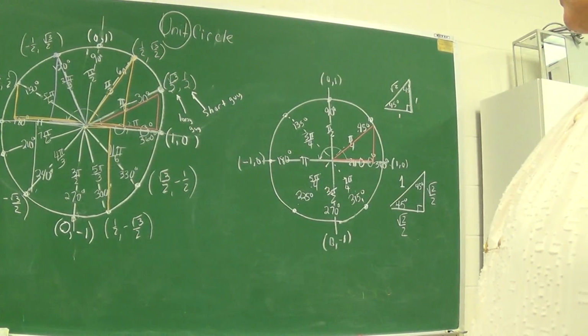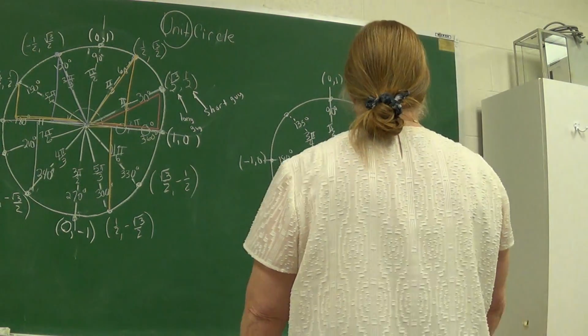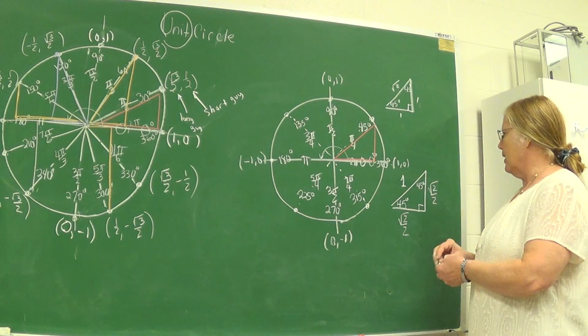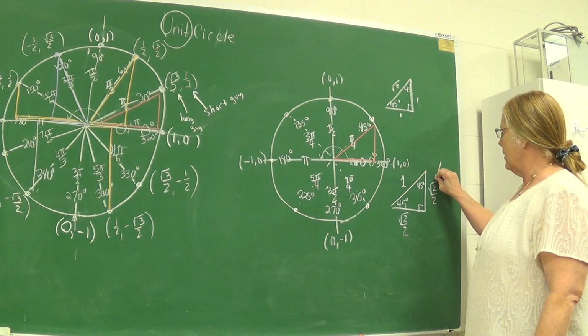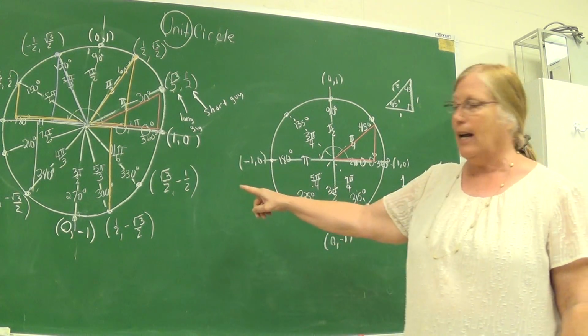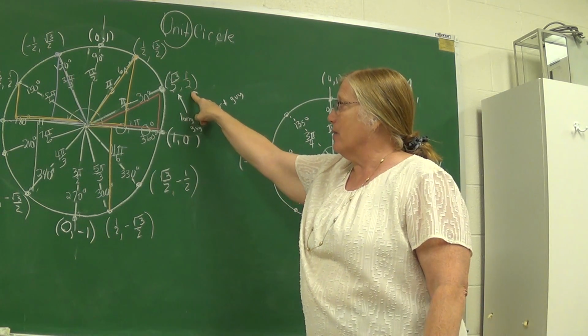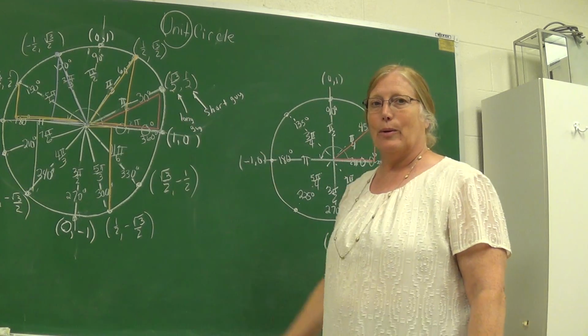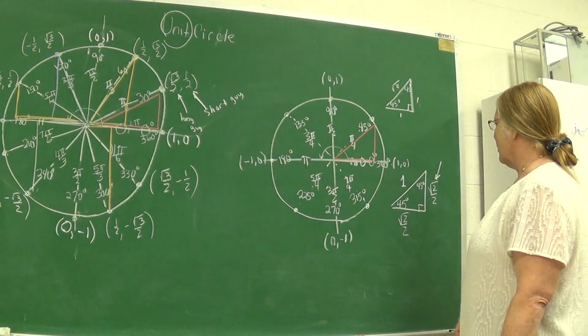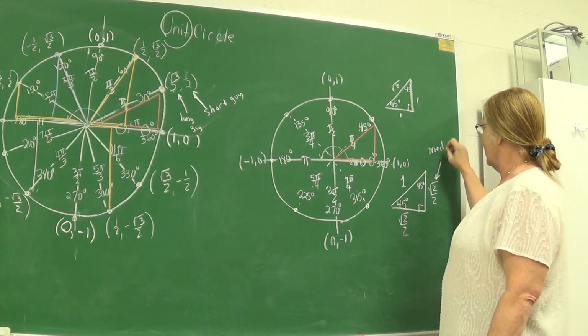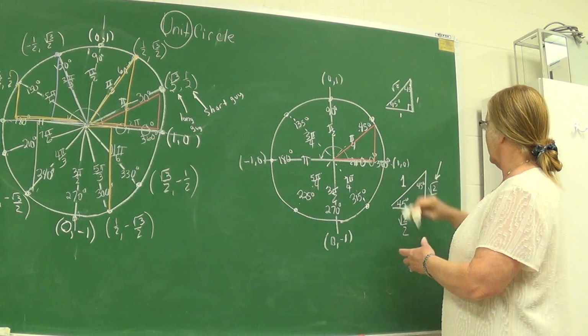So the special number that will help us with 45, we'll call him the middle guy, because he's not quite as long as 1/2, the short guy, and he's longer than the short guy, but he's not as long as square root of 3 over 2. So square root of 2 over 2, we'll call him the middle guy.